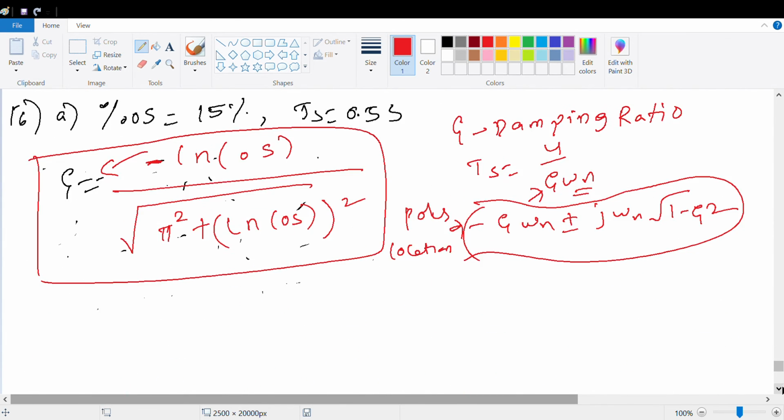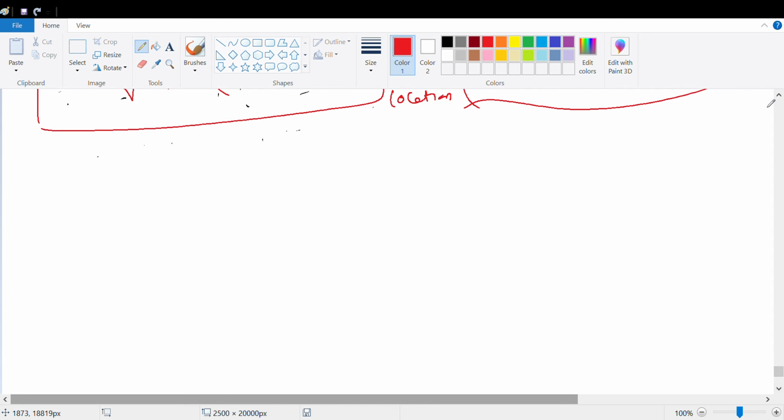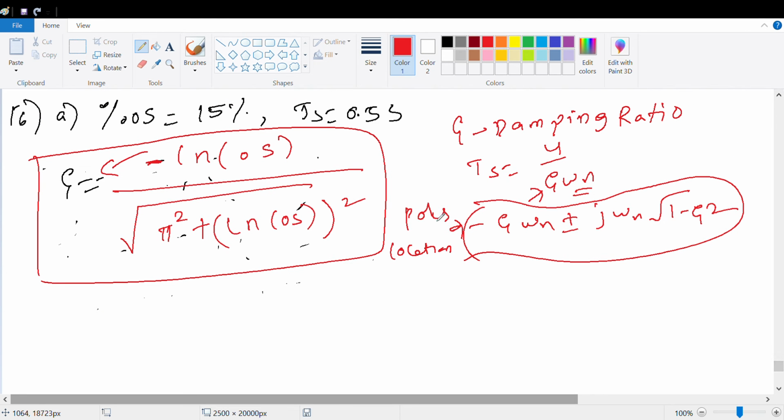Now we know the location. It's just a formula. Remember this formula. This is the location for poles.